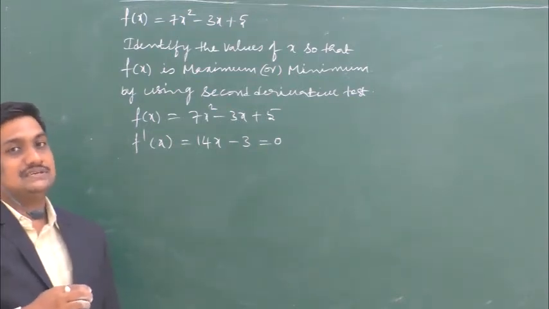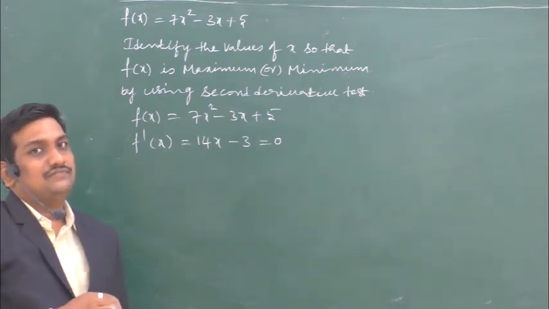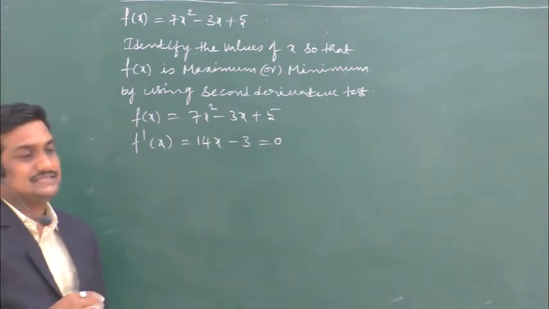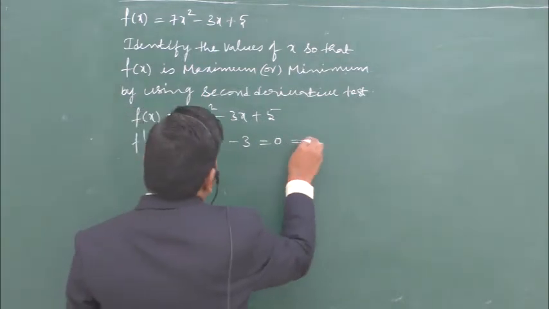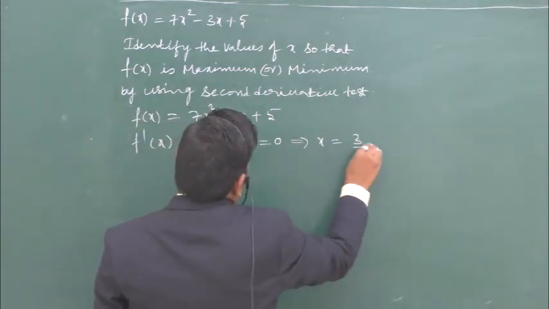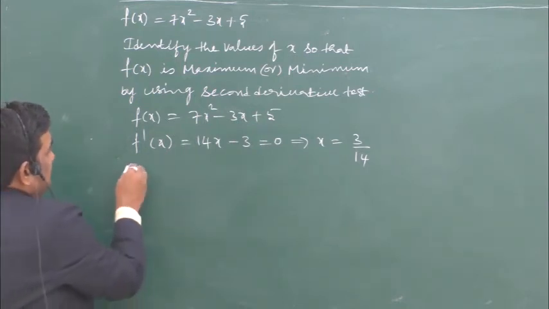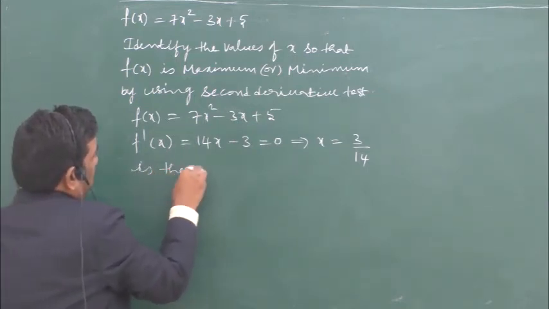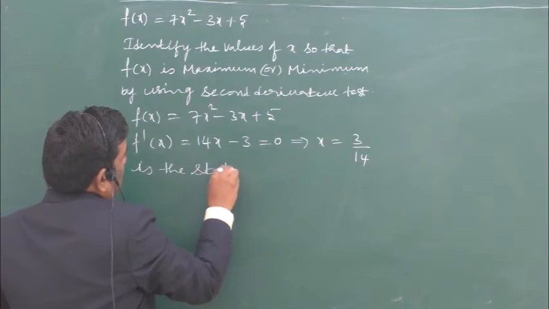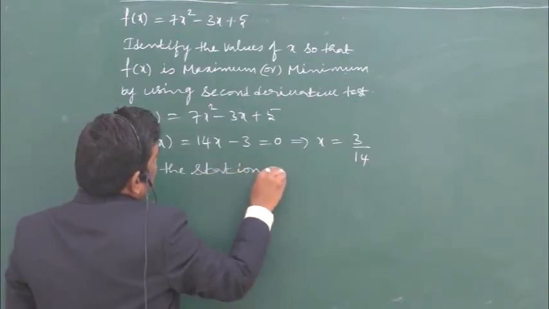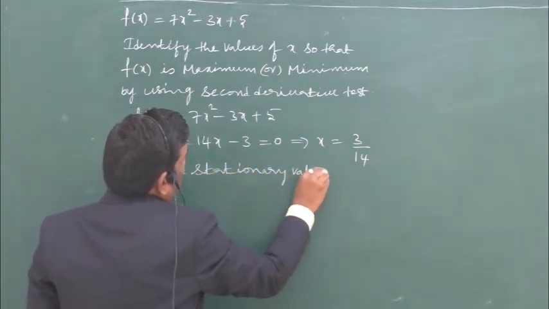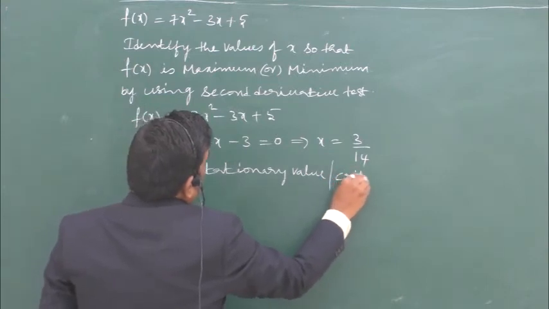At those values, the maximum or minimum of the given function may or may not exist. It implies x equals 3 by 14. Now 3 by 14 is the stationary value, or it can also be called the critical value.